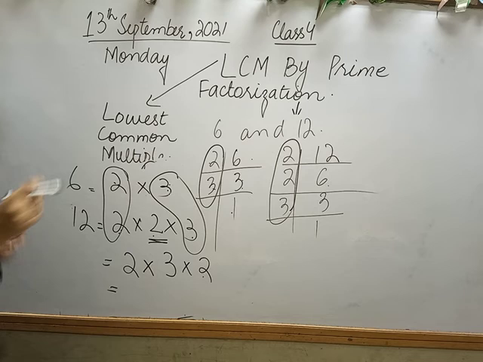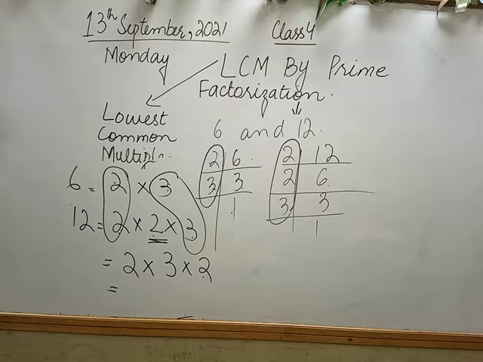Fine. In LCM, you have to keep this thing in your mind, class. When you have LCM, you will simply multiply the numbers which are common and not common in the end, okay? And after solving HCF by prime factorization, you just multiply the numbers which are common.